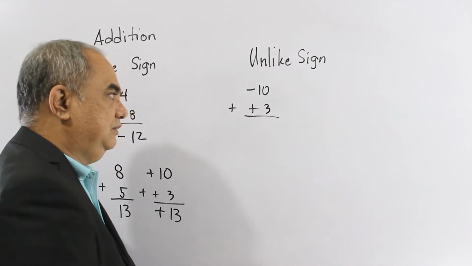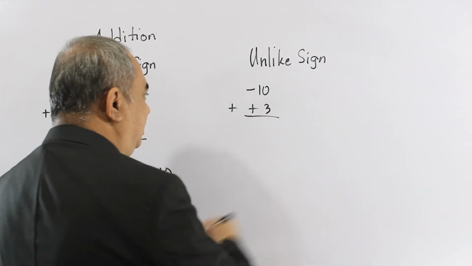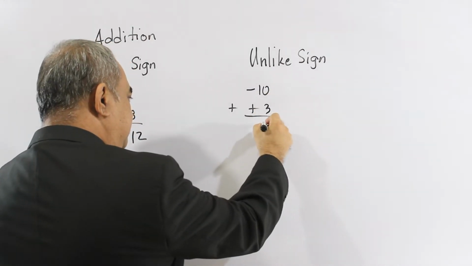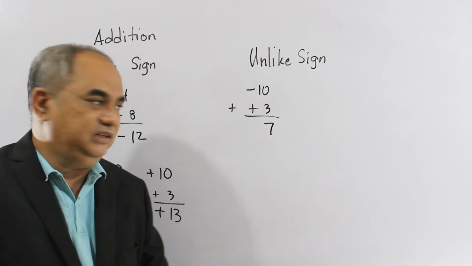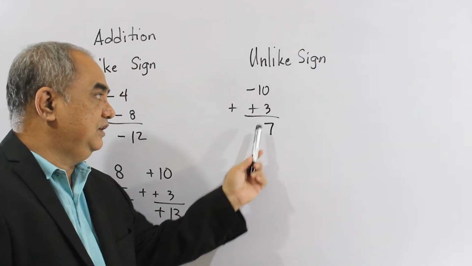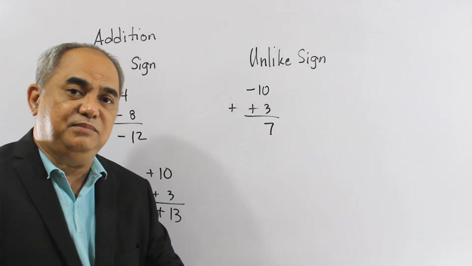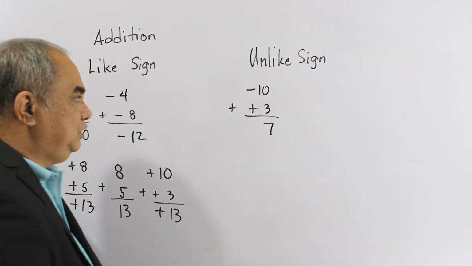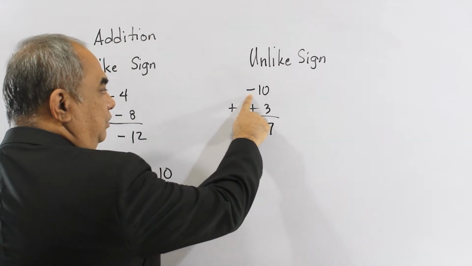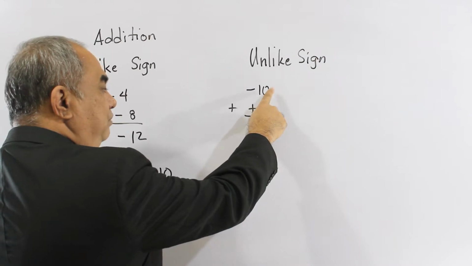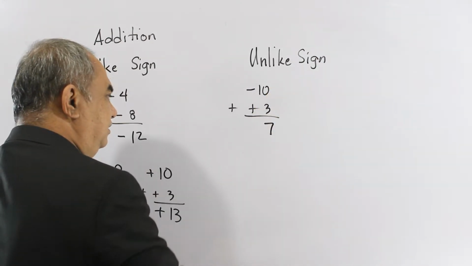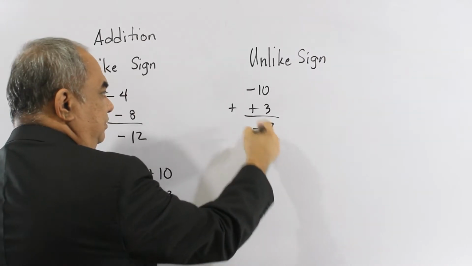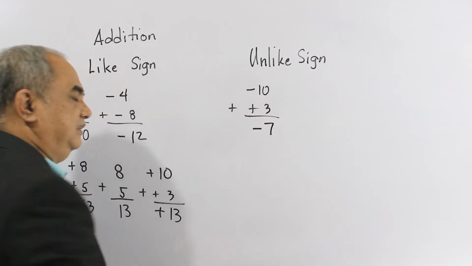What we're going to do here is subtract these two numbers. 10 minus 3 will give us 7. And how are we going to determine whether the difference of these two numbers is positive or negative? We choose the sign of the number with the bigger absolute value. Since 10 is greater than 3, we use the sign negative.